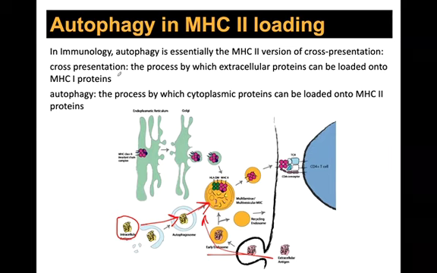So it's essentially the analogous process for cross-presentation, right? Cross-presentation is when you take extracellular proteins, you transport them into the cytoplasm by Sec61, and then those get degraded by the proteasome. Whereas in autophagy, you're taking cytoplasmic proteins and you're transporting those into the autophagosome by the LAMP proteins, and then those are fusing with a compartment where you're loading class 2. So you get cytoplasmic proteins onto class 2.